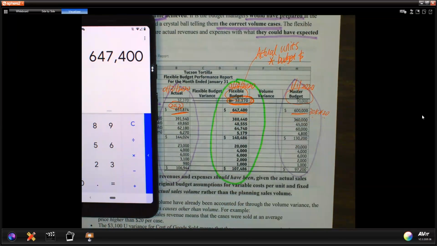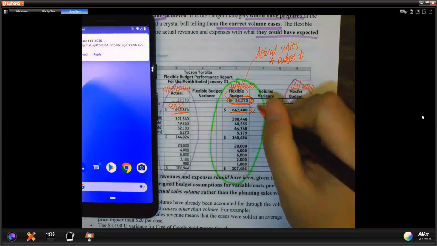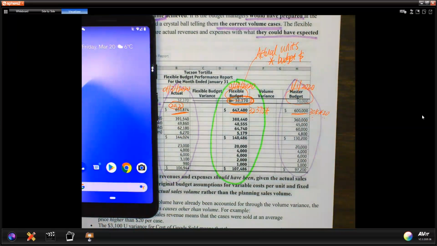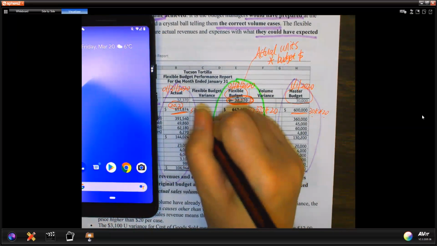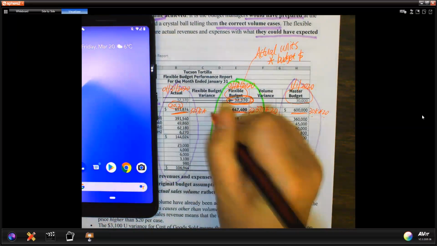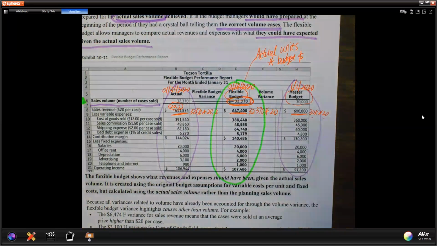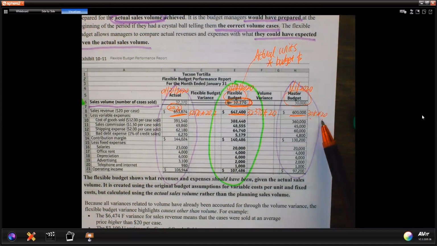How do you get this number? It's your actual units, 32,370, times your budgeted selling price, $20. How do you get your actual results? Your actual unit is 32,370, but we times your actual selling price, 20.20. Okay, look at this table one more time. Your master budget is your budgeted units times your budgeted price.